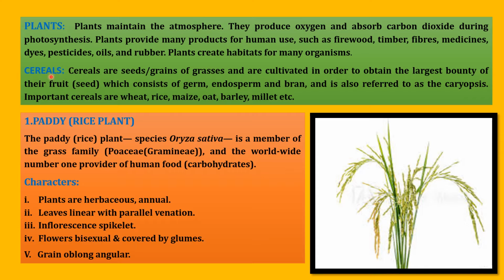Now, cereals. Cereals are seeds or grains of grasses and are cultivated in order to obtain the largest bounty of their fruit or seed, which consists of germ, endosperm, and bran. Cereals definition already I have given you in the second chapter.